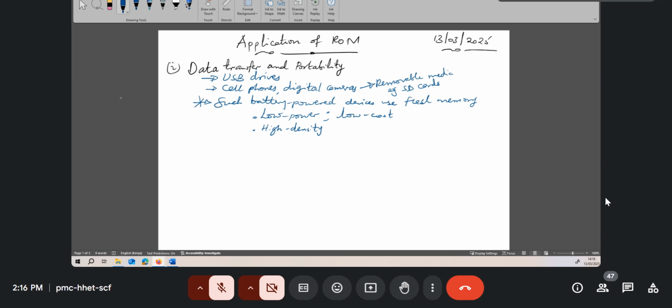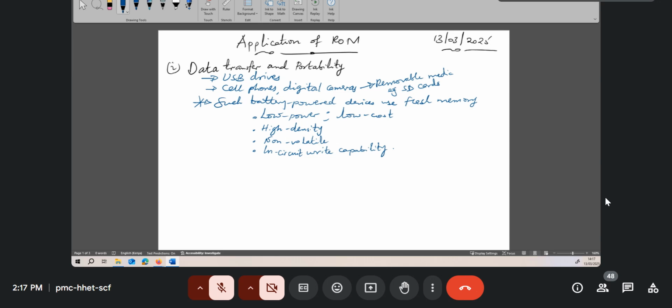Of course they are also non-volatile, so they will not lose any data on being powered off. And also there is the in-circuit programmability or write capability.